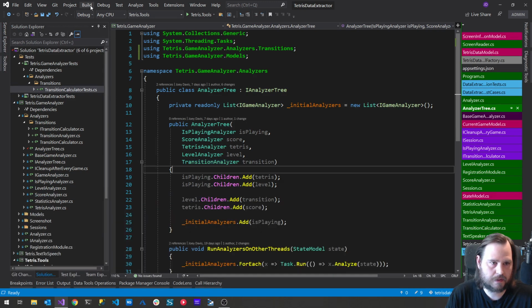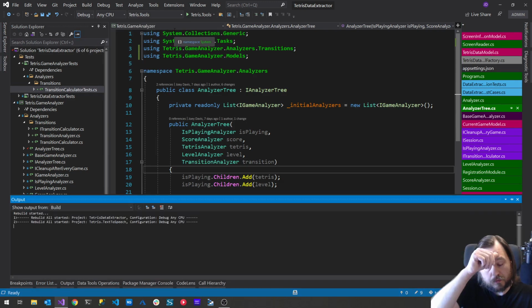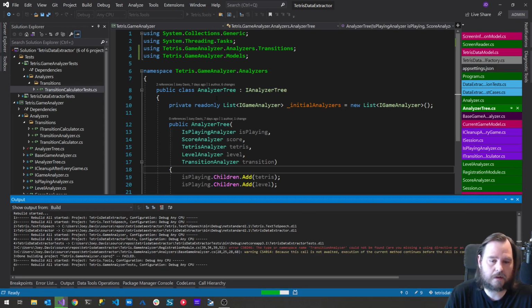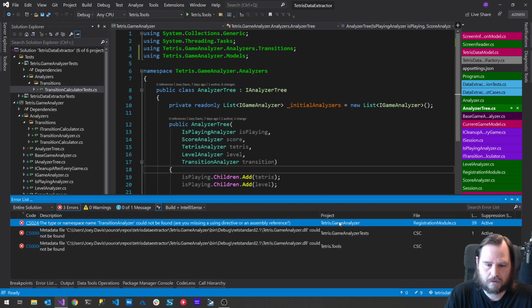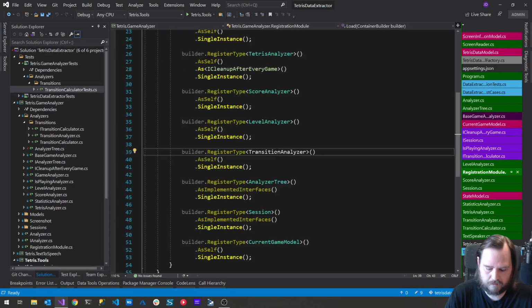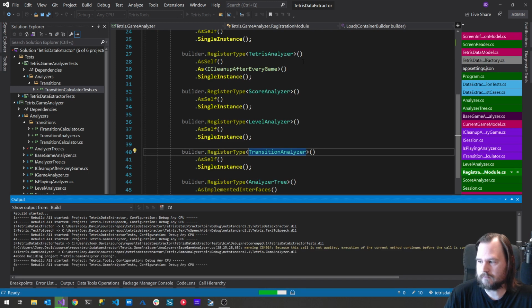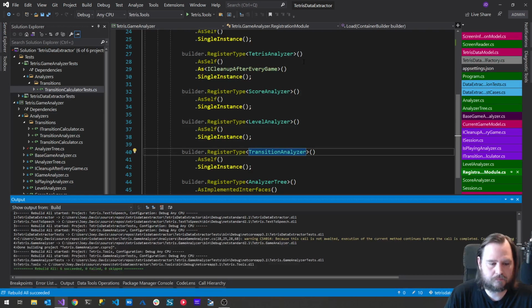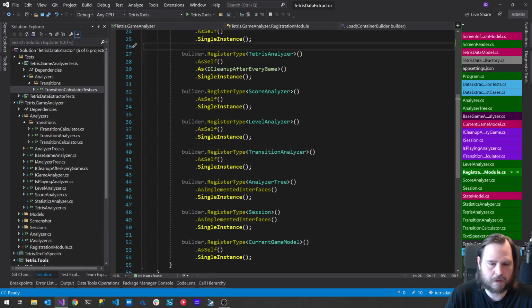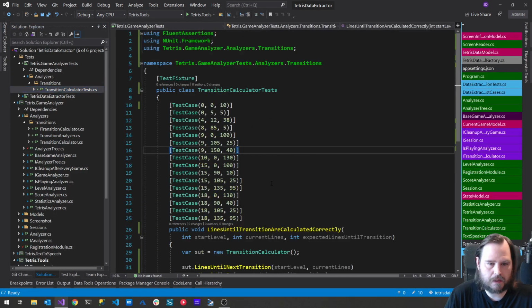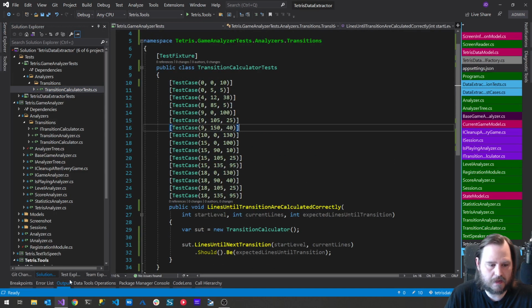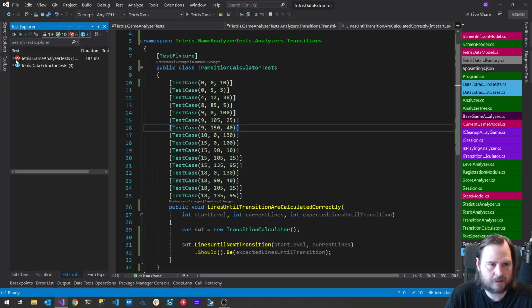I know we have to register our calculator yet, but oh yeah, that's right. Remove namespaces. Good. Okay.